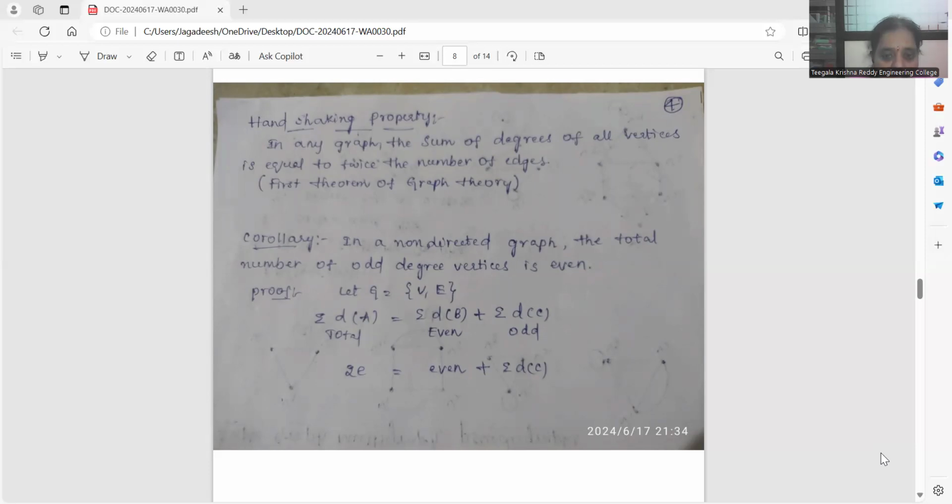If an edge is coming towards a vertex, it has to come out of another vertex. So each edge is incident with exactly 2 vertices.